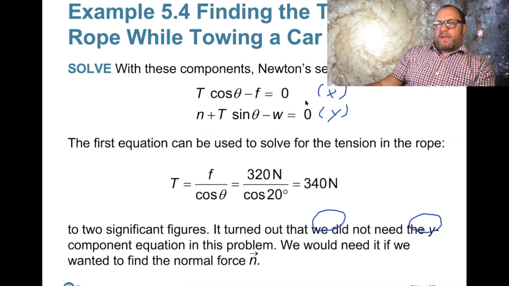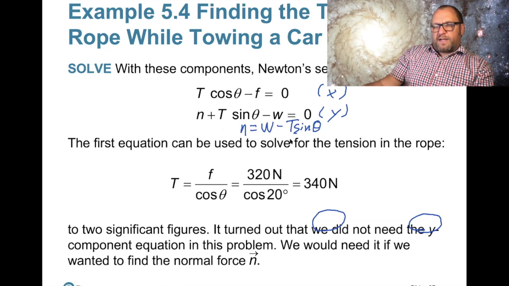So we have the normal force plus T sine of theta equals our weight. Let's rearrange this a little bit. The normal force is going to equal the weight minus T sine of theta.